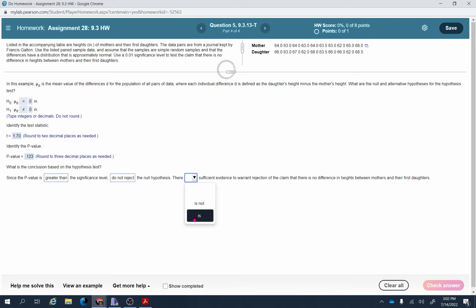Is there sufficient evidence to warrant rejection of the claim that there is no difference in height? No, there is not sufficient evidence to warrant rejection of the claim that there is no difference in height.